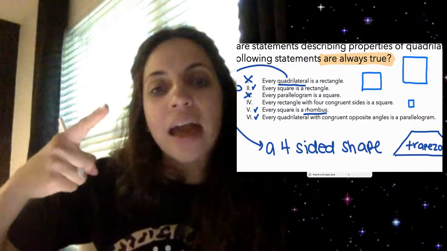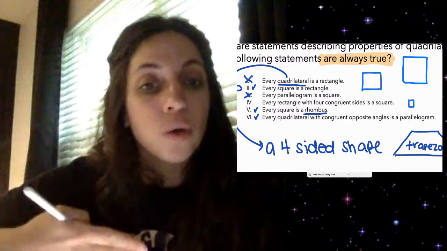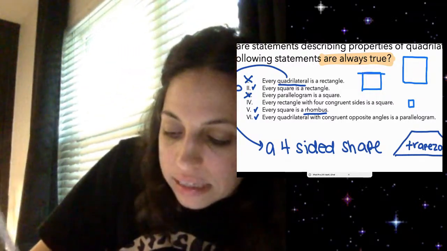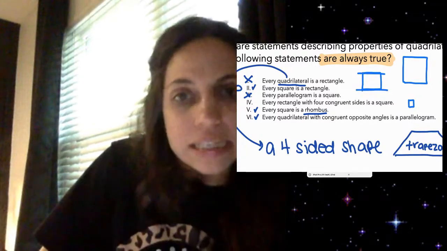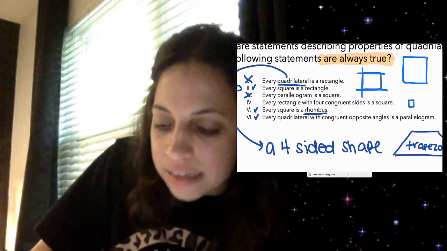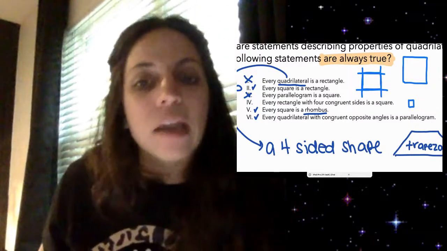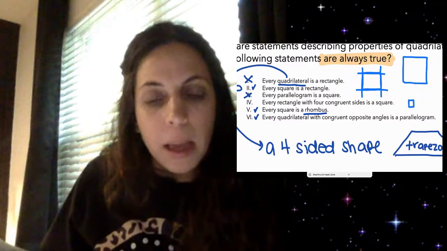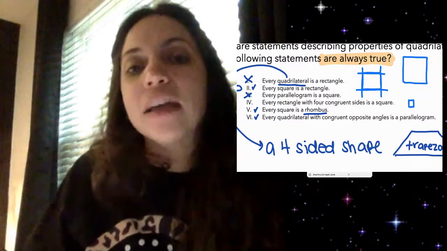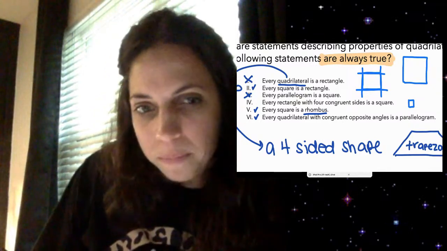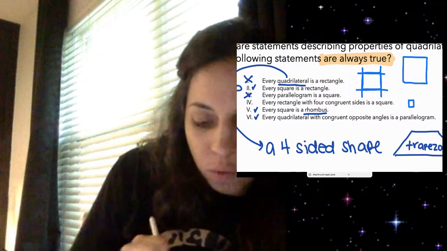And it has to have 2 sets of congruent parallel lines. That means that this set of lines has to be the same size and parallel, which they are. And this set of lines has to be congruent and parallel, which they are. That is the definition of a rectangle. But then, if it has 4 equal sides also, then it is a square, which is why 4 is true.